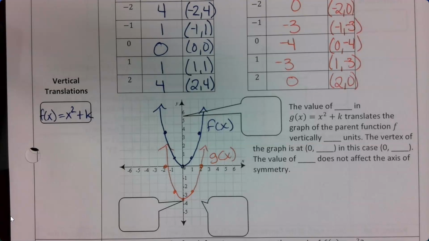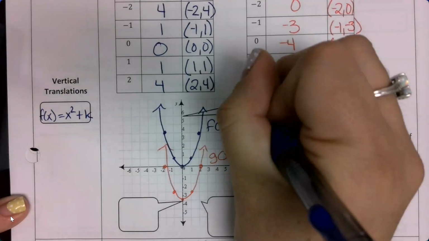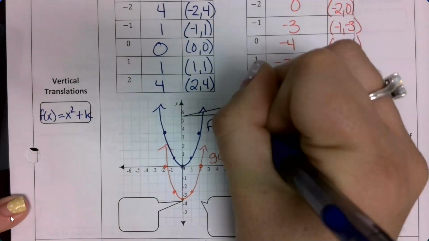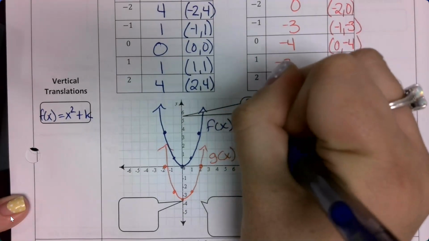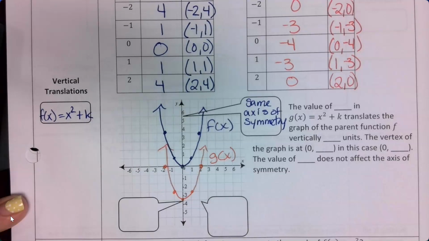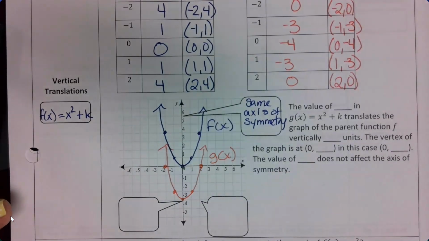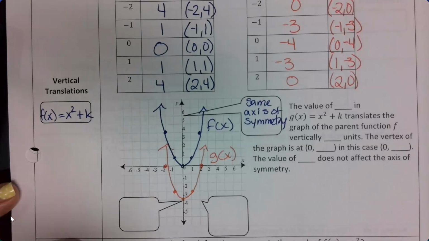Okay, so what do I notice about the axis of symmetry for my two graphs? So they have the same axis of symmetry. What is my vertex in my g of x graph?